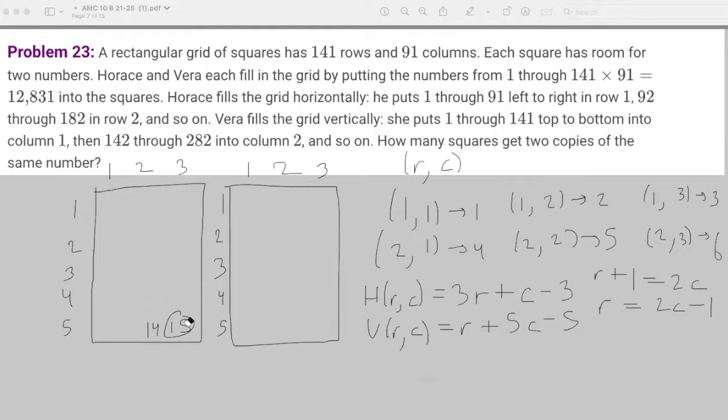Now I'm going to replace these with dot dot dot. Instead of going from 1 to 5, there are 141 rows. And instead of 3 columns, there are 91 columns. Very large, scary numbers, but the method is still exactly the same here.